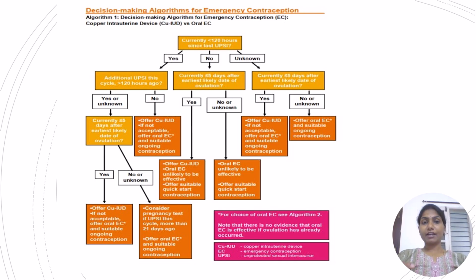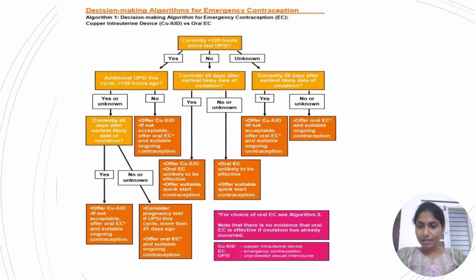And one more thing I have to emphasize is, after ovulation, oral emergency contraception is not effective. So if ovulation has occurred, the only method is copper T. That is, if the ovulation has occurred and it is less than 5 days from anticipated ovulation, then only copper T is the method of emergency contraception, because these oral contraceptive methods prevent or delay ovulation.